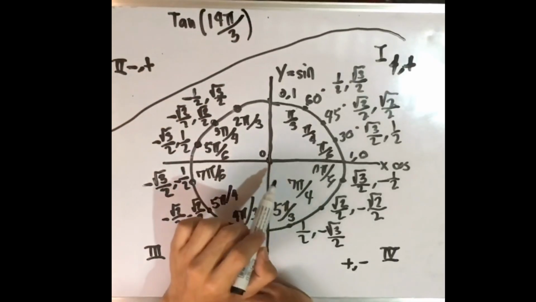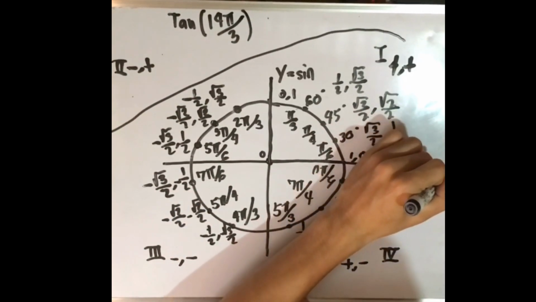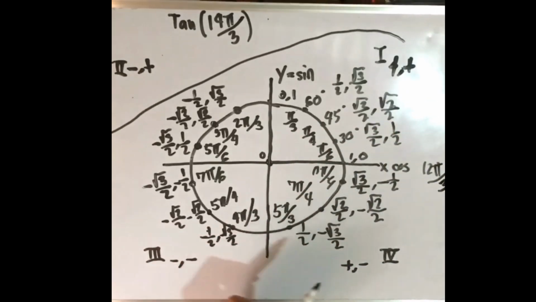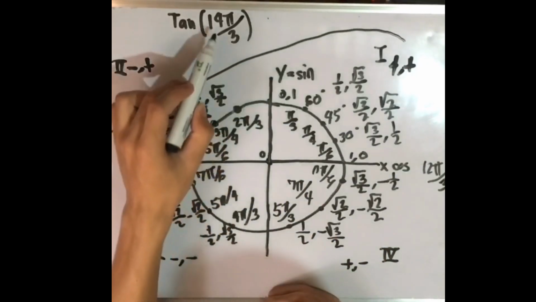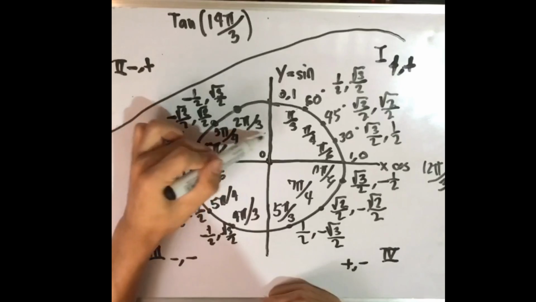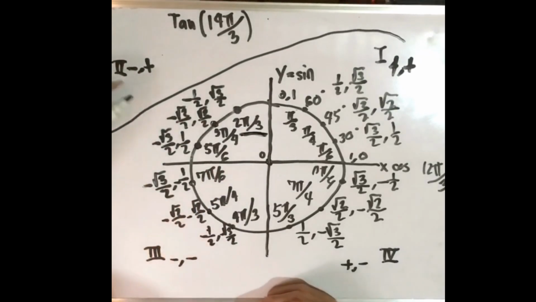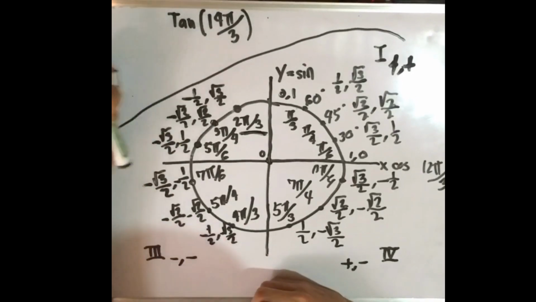So this is 12 pi over 3, which is equivalent to 4 pi. So if we subtract 12 from 14, it's gonna be this angle. So the coordinates are negative, this.